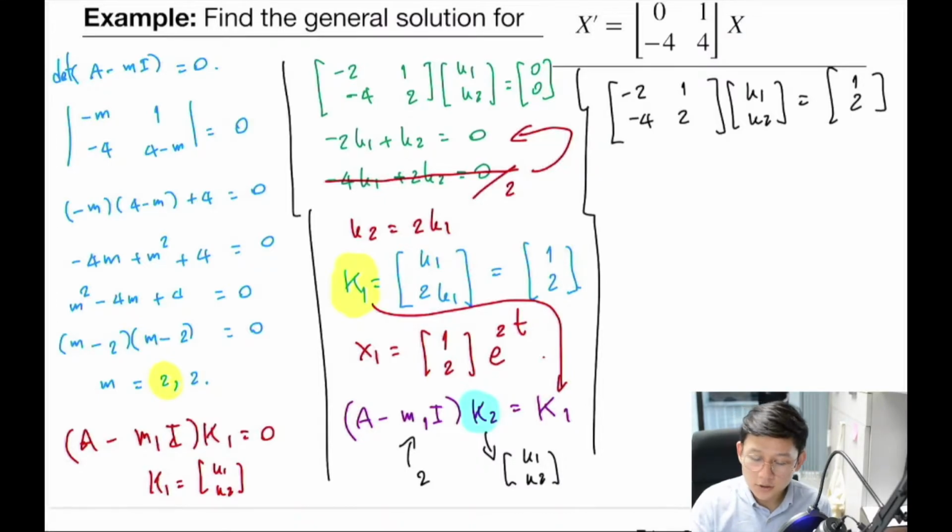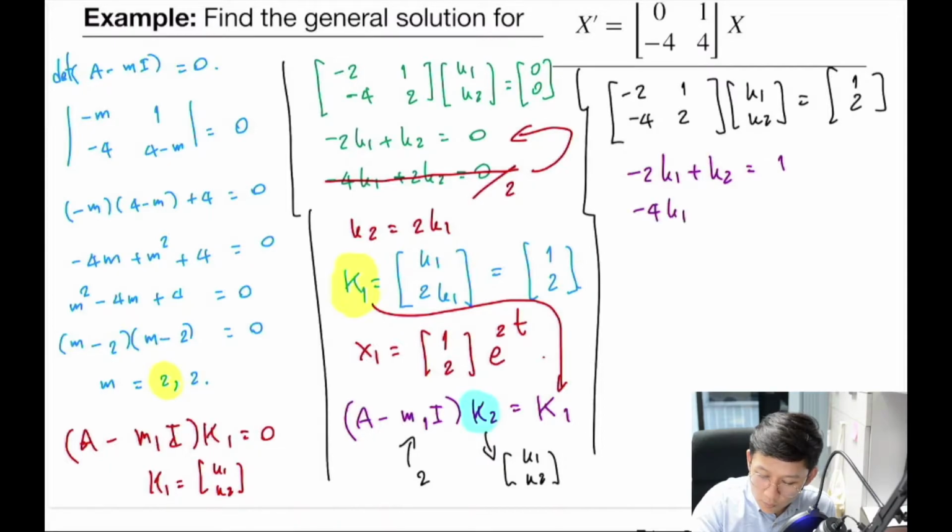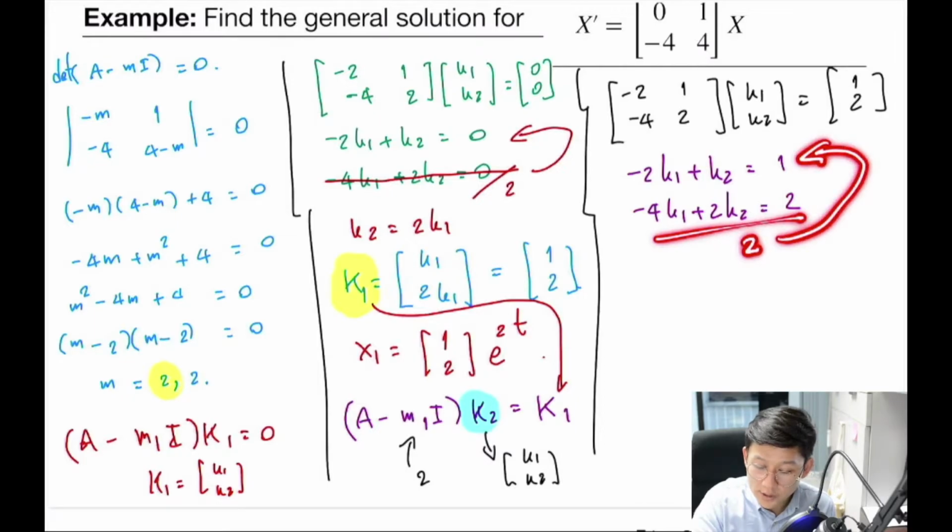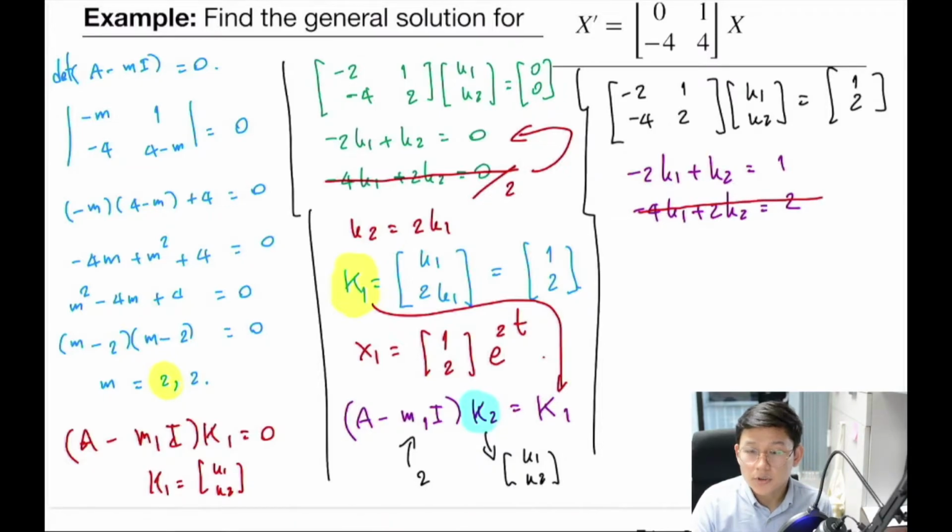So we have that minus 2k1 plus k2 is 1, and minus 4k1 plus 2k2 is 2. Again you can see that if you divide the second equation by 2, you get exactly the first equation. So they are identical, and I can get rid of one equation. So I get minus 2k1 plus k2 equals 1.